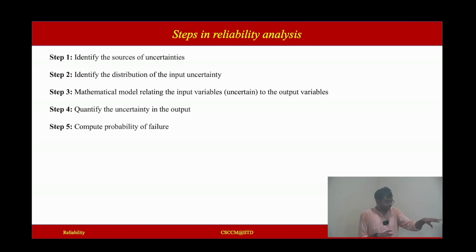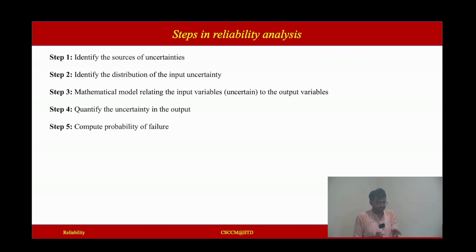Deflection is a function of all of those things. It is PL cubed by 3EI, to be very honest, for a cantilever. Now, because E, I, L, all of these things are uncertain, your deflection is going to be uncertain. So that is the uncertainty in your output.